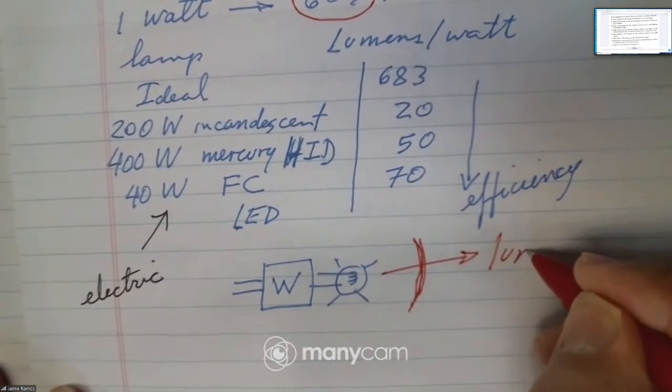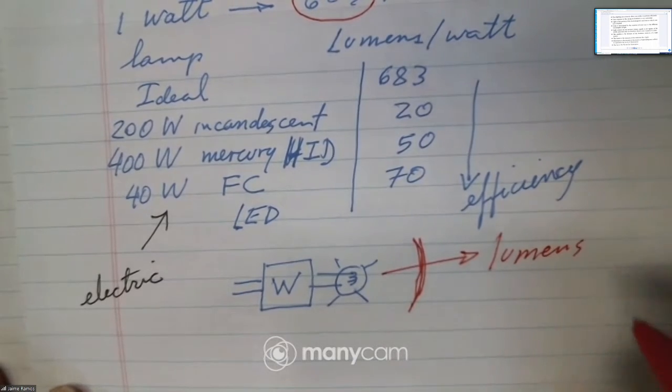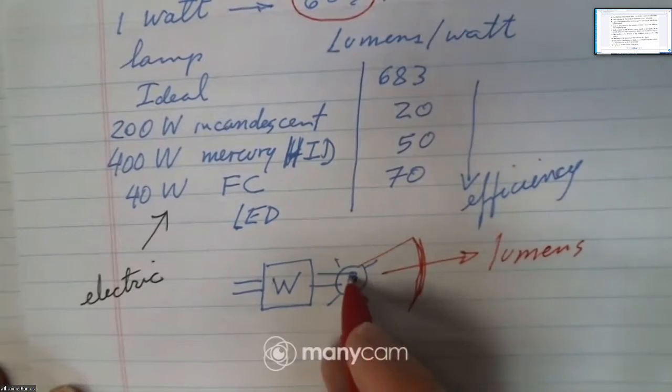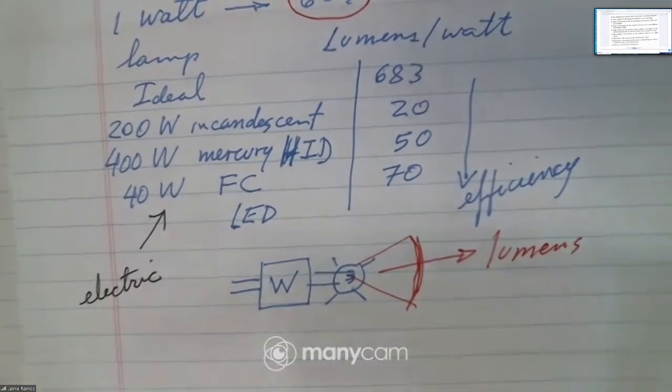Lumens going out, in the solid angle, or total lumens.